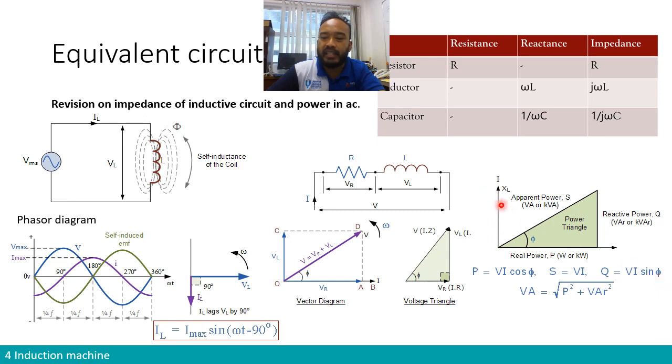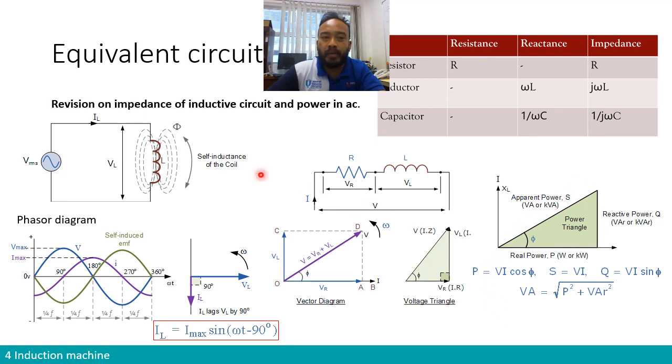Sine is the y-axis quantity. And the power that it is absorbing is the apparent power S. So S is just V multiplied by I.